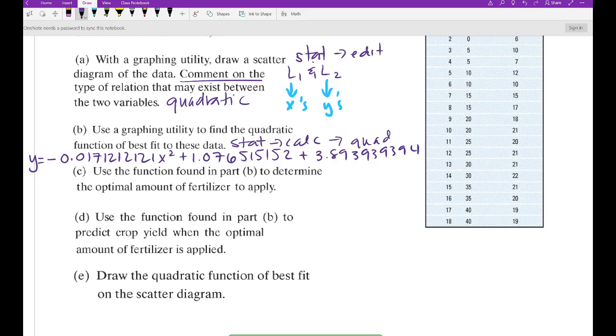How much fertilizer do we need to use so that we get the most crop yield? The optimal amount of fertilizer to apply is. Right now, just type it in, because that's going to take a little bit to explain. So you have it in, so you go to stat.